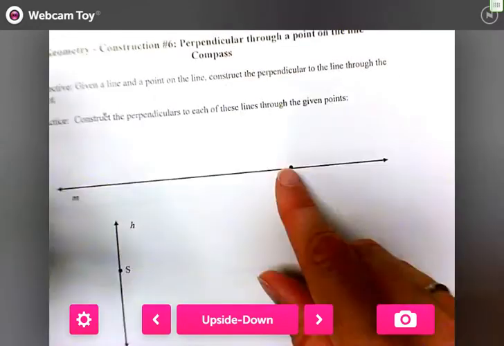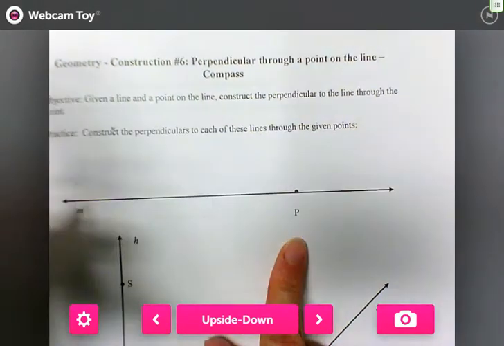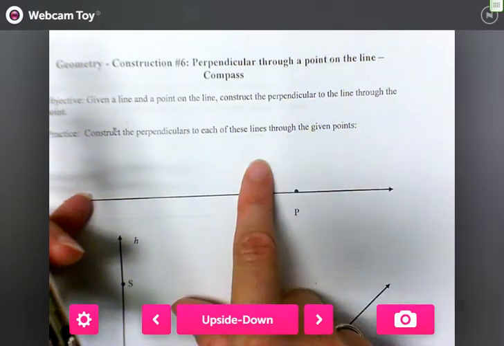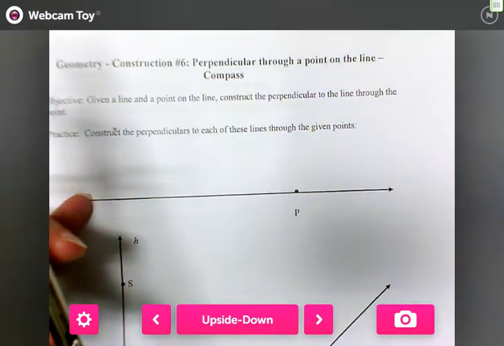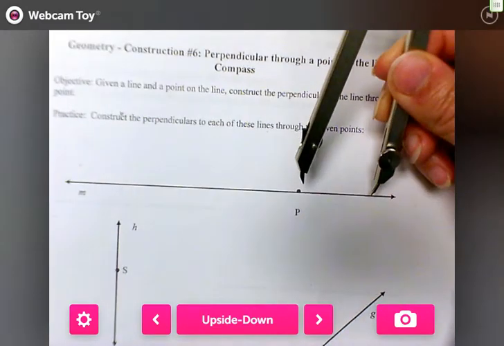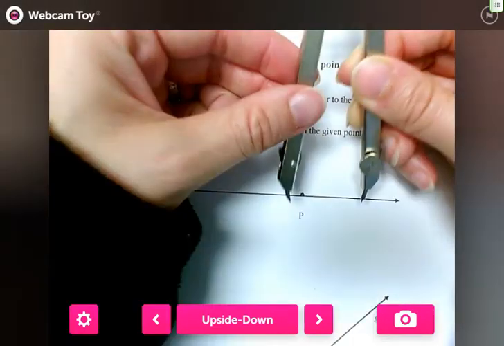We want to go perpendicular to this line, and we want the perpendicular line to go through this point. So, I'm going to put my compass on here.